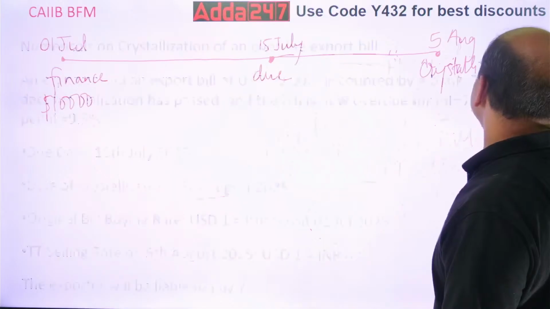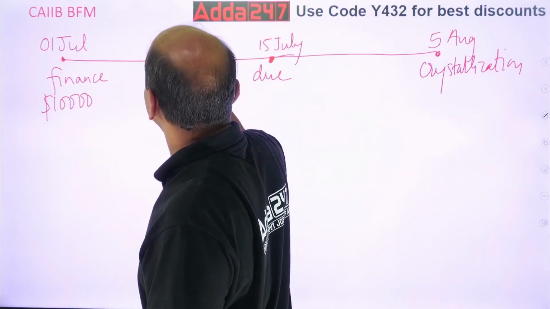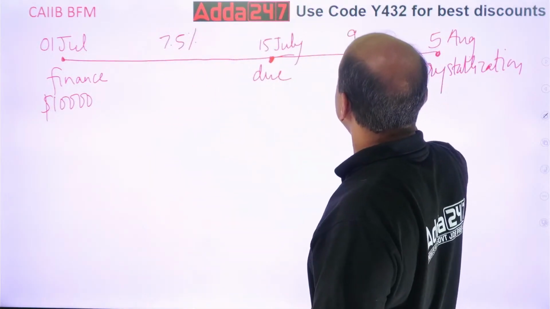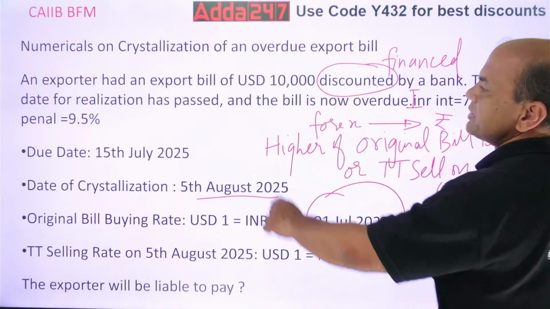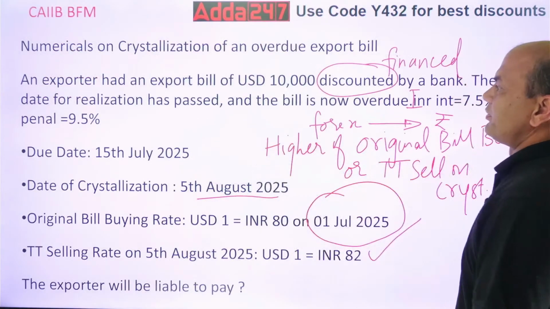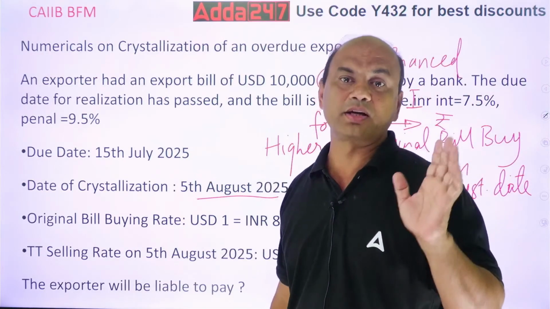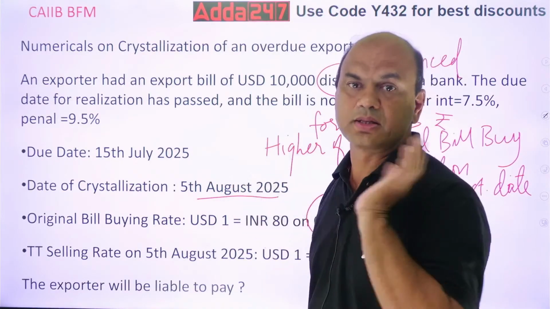So you will be charging 7.5% here. And for the remaining part, you will be charging 9.5% penal. This should be very clear in your concept, in your mind: where you charge regular and where you charge penal.